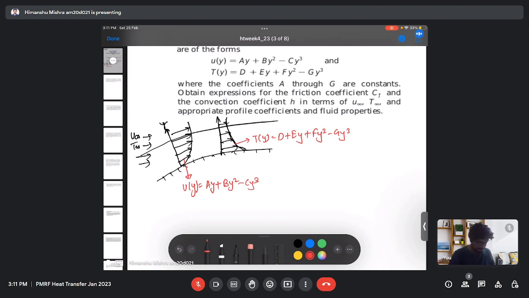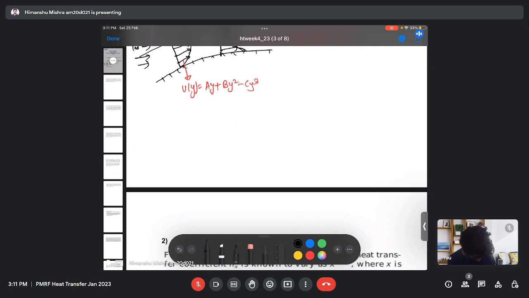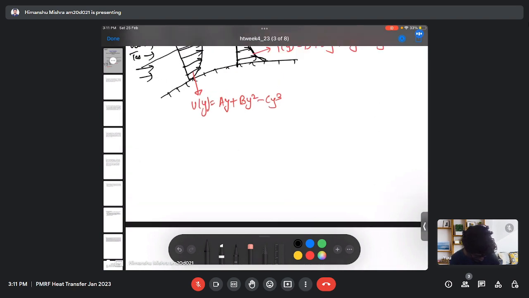So let's first find the convection coefficient h. In the boundary layer problem, we know that whatever heat transfer occurs at the surface will be equal to the heat transfer due to convection just above the surface.